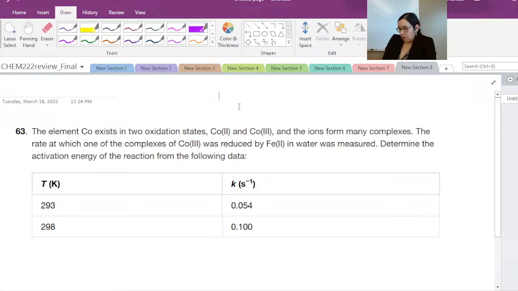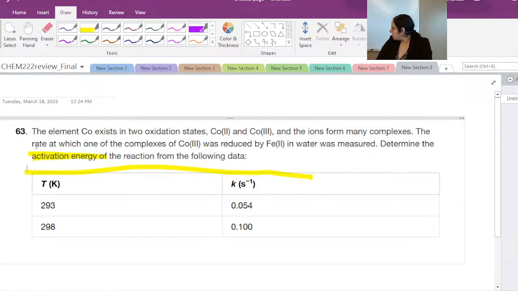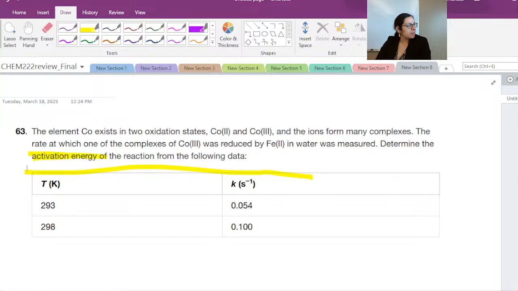And so then what's cool is you can figure out the energy needed to go between these two oxidation states. And so now we're given two sets of temperature data and rate. So see if you can determine the activation energy. And so again, that'd be super relevant for research purposes.